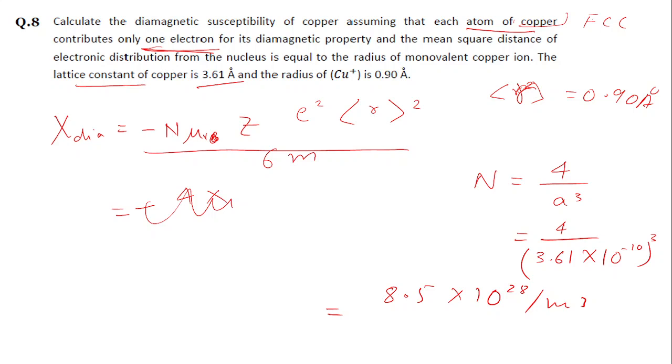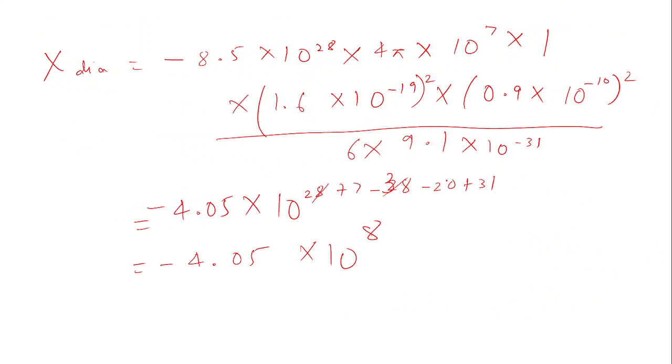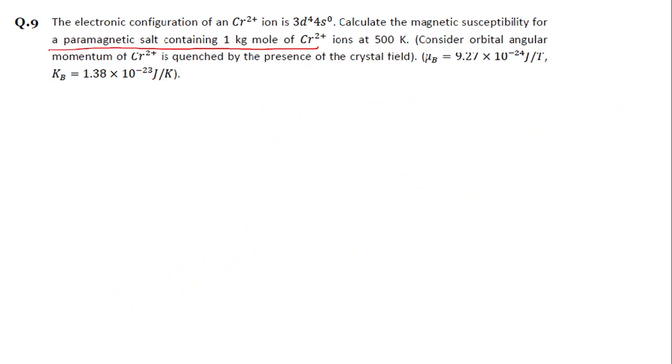Is there something wrong in some power? I think so. Anyway, so yeah, this is our answer. Minus 4.05 times 2. This is our final answer. Okay, question number 9.